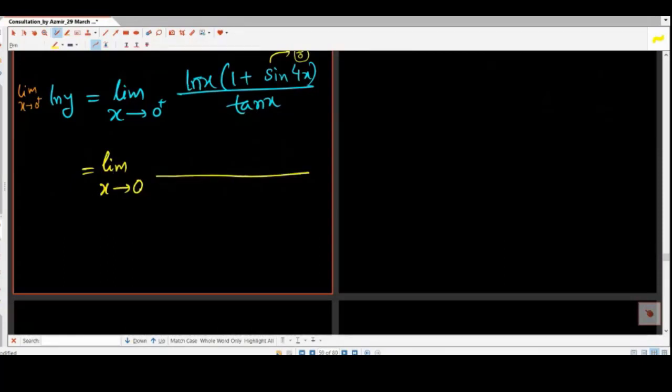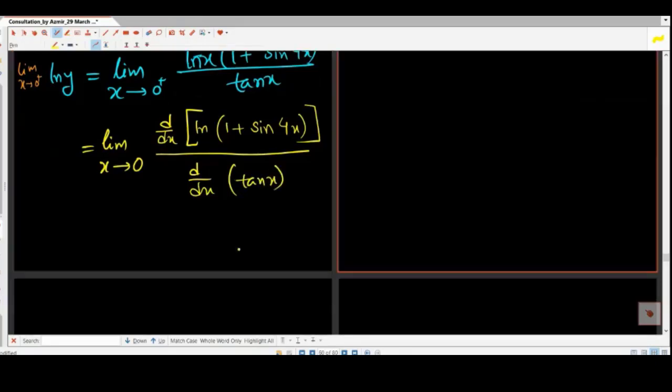So limit x tends to 0. No need to write plus again. So I am writing x tends to 0. So differentiation of natural log of 1 plus sine 4x and differentiation of tangent of x.